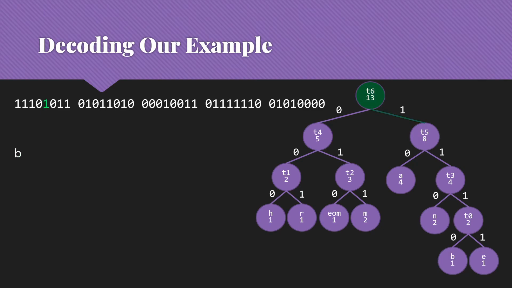We're at a 1 again, so we head right. But this time we have a 0, so we will now head left. And we get our A. That gets us another character, so now we need to go back to our root. We're going to head right. And then we will see that we need to head right again.